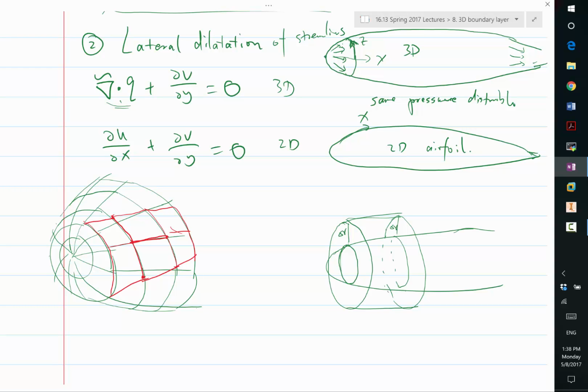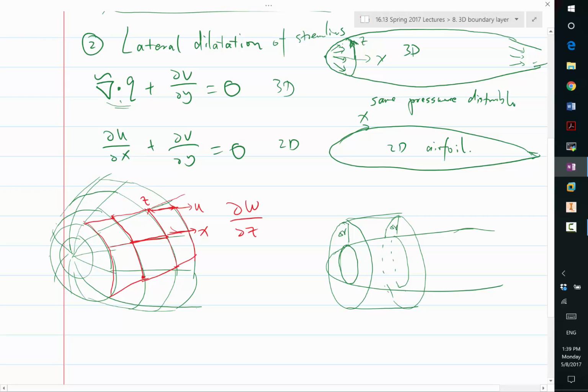Now, if you think about this, what is my partial w partial z? Let's say this is x, this is z. The u is defined in this direction, and w is defined by whatever is different.